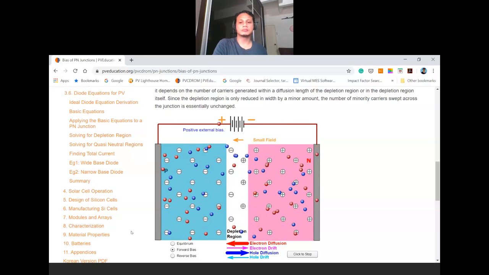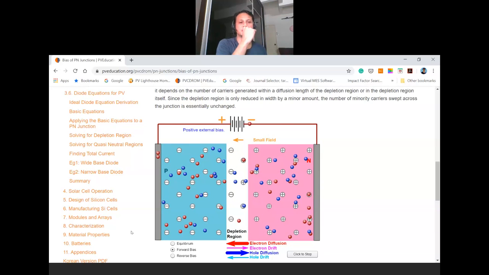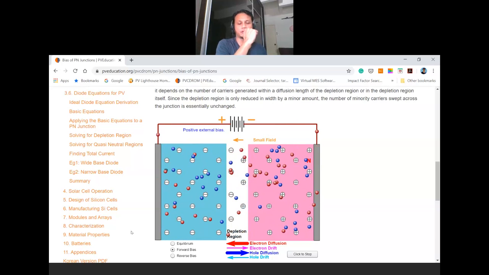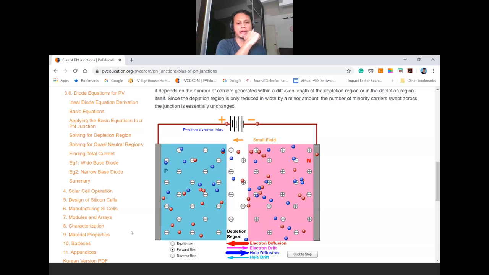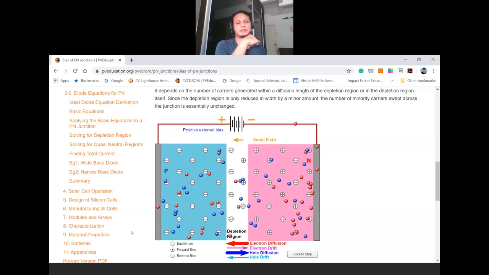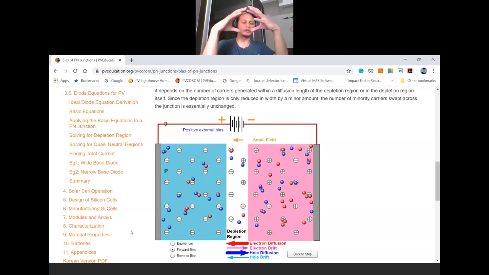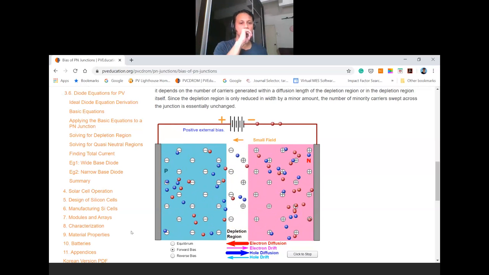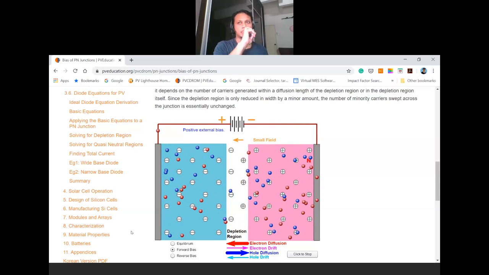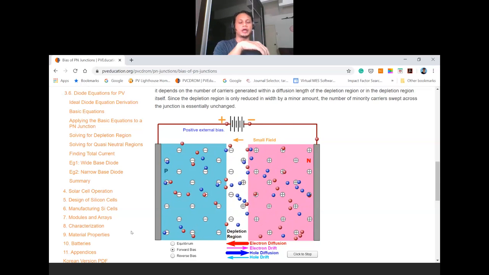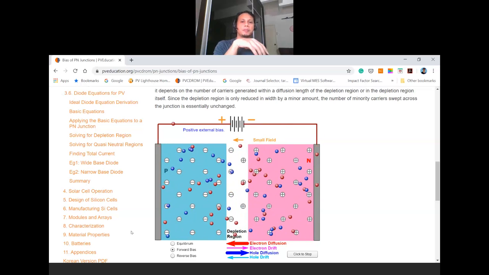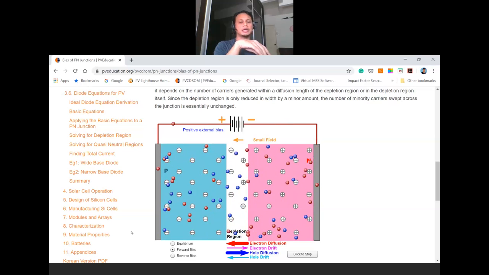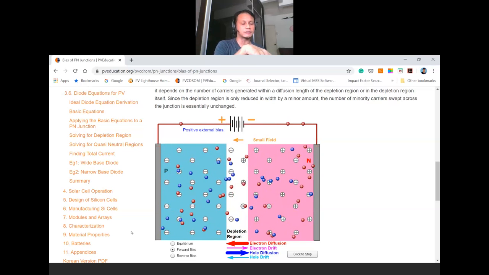Because you're applying a positive to the hole side and negative to the n side, and same charges repel. So you're pushing carriers towards the center of the region by the applied bias. So what causes the barrier to reduce is actually the applied bias. Under forward bias, you are reducing the effective electric field at the junction.